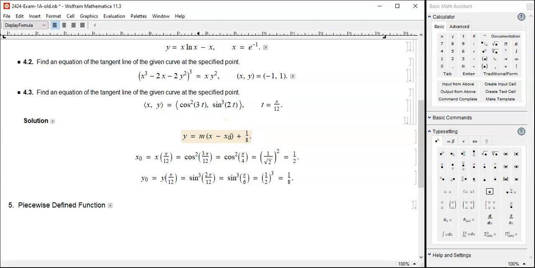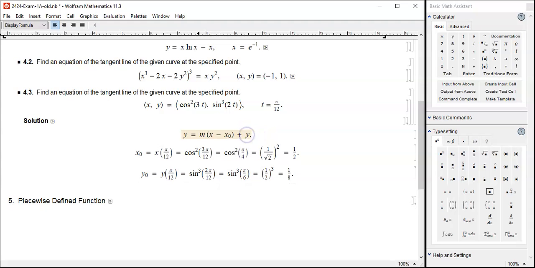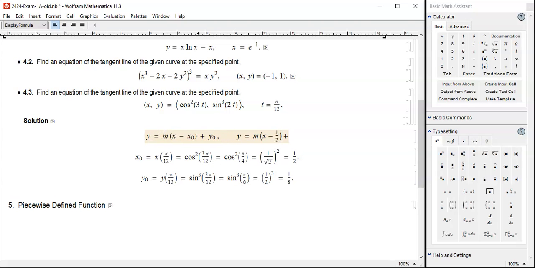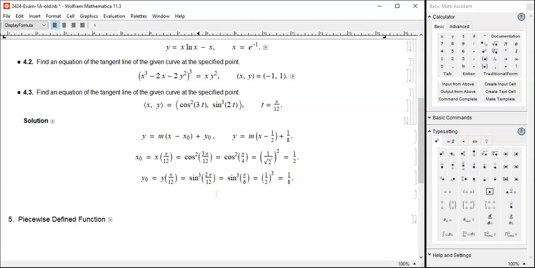Let's just leave it at that. Okay, we got this, and then we got that. One more to go. m, how do you find it? Well, there goes the slope formula.